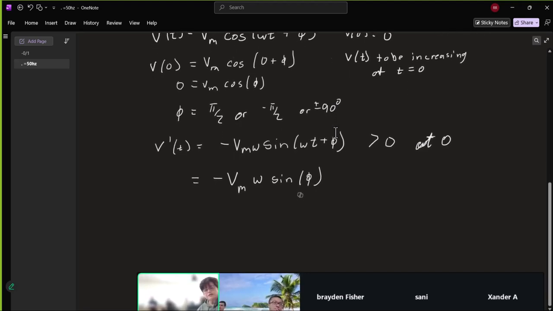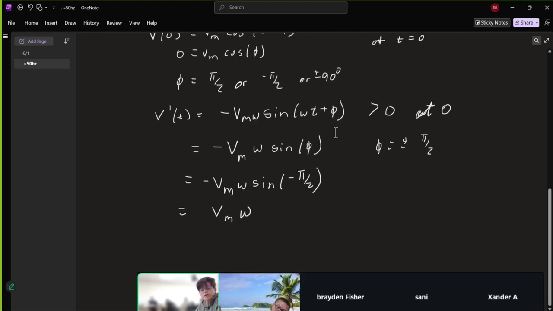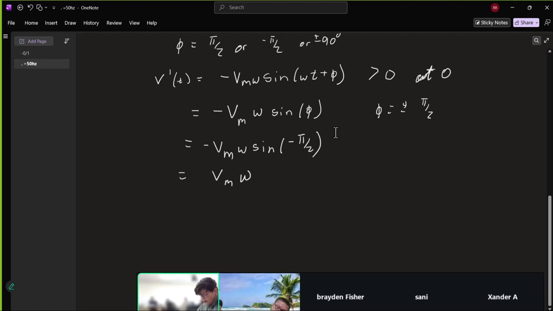And what was phi? Phi was plus or minus pi over 2. And which one of these would make this positive? Pi over 2. So when we are at negative pi over 2, that becomes positive.